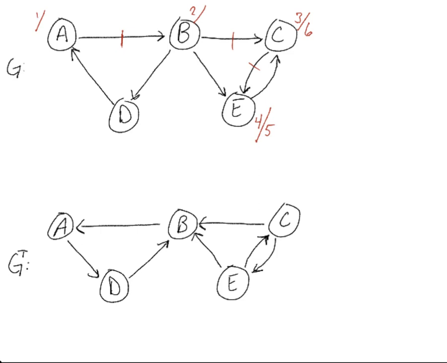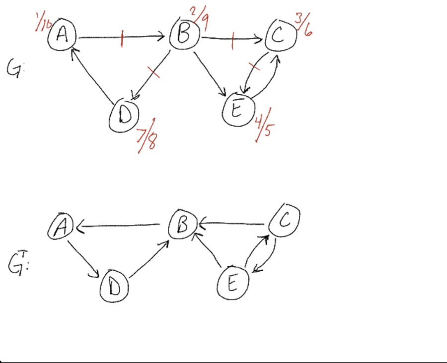We return back to B, and it has one outgoing edge to an unvisited vertex, so that's D, and D can't go anywhere, so we close it off, we finish it, then we finish B and finish A. Okay, so that's the depth first traversal of this graph. Next, the next step is fascinating actually.